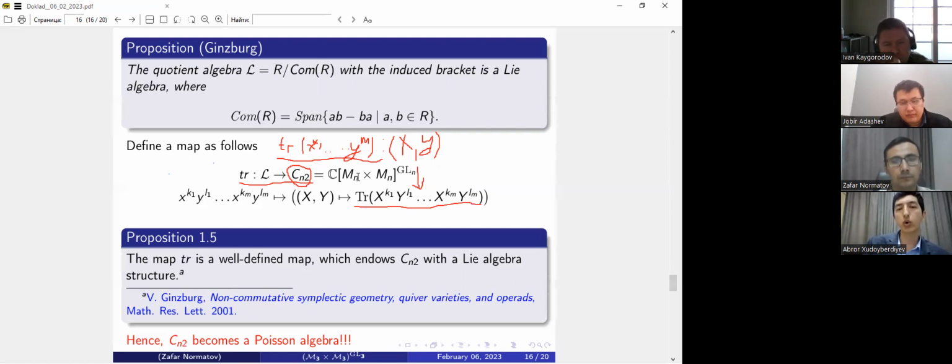И получается какой-то элемент, который для любой матрицы XY сопоставляет вот это выражение, трейс вот этого. Просто k1, l1, km, lm сохраняются, а маленький X с большим X не имеет никакой связи. Я вот так понял.